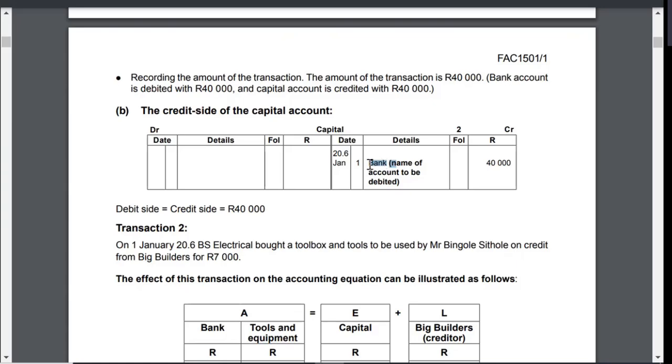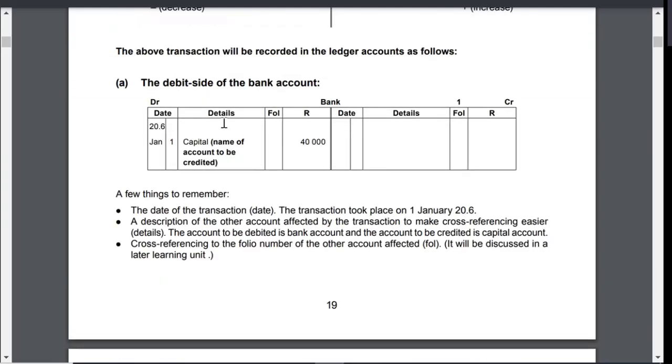The owner contributed 40,000. So this comes from the bank account for 40,000. The same thing for the bank account. On the 1st of January, money. So this is the bank account, and the bank account increases on the debit side. So a GL account, general ledger account, will always have a debit side and a credit side.